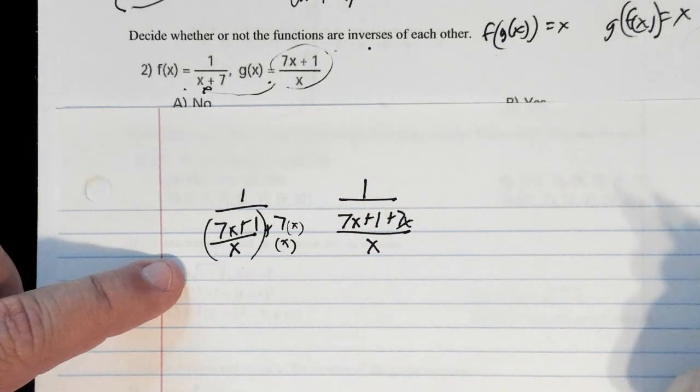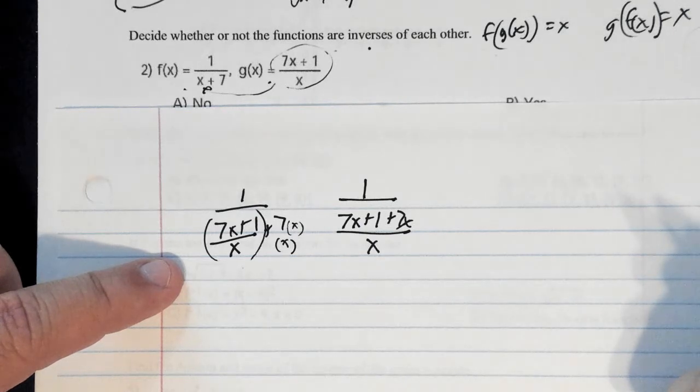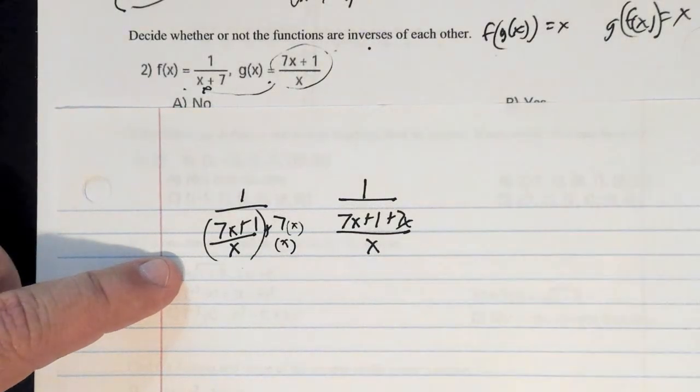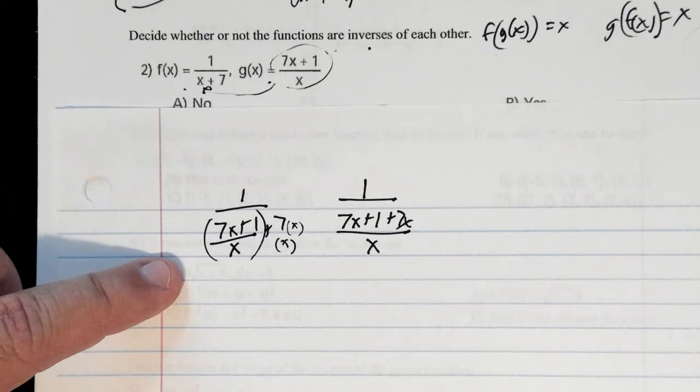Did I read that right? 1 over this, so g of x. Make sure I'm reading my paper right. I think that's right. Doesn't seem right though. Unless they typed it differently. Let me look here. This goes into here. To add it, we'd have to have common denominator, yeah.